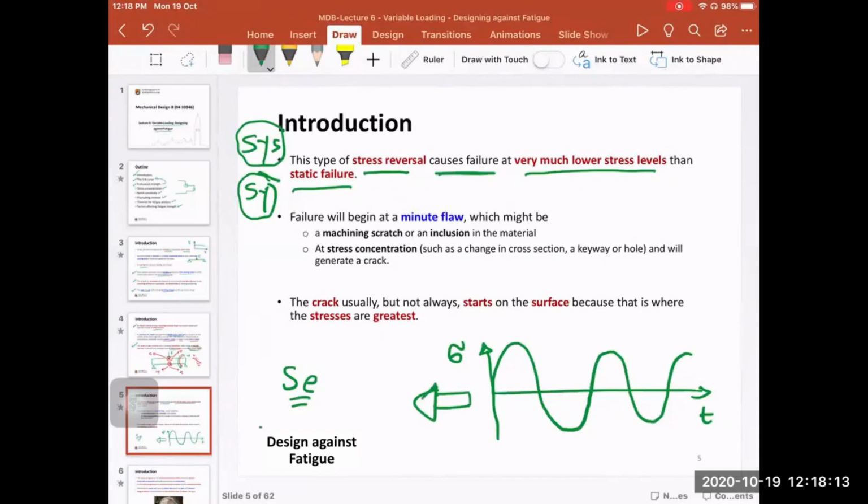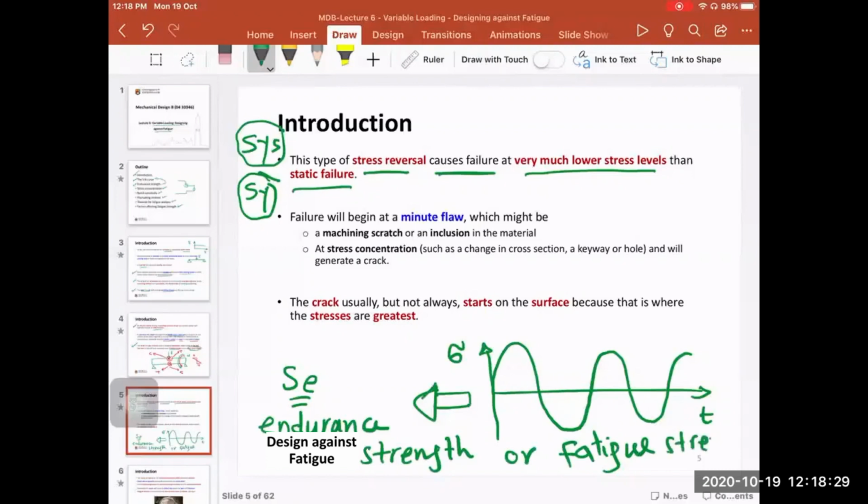So we have the endurance strength of the material, or the fatigue strength of the material. And the fatigue strength of the material in this case is quite small. If you compare this value to this value, this value is quite small. So this means that we cannot just overload the material or stress the material beyond this value if we have fluctuating load. And the failure begins actually at minute flaws.